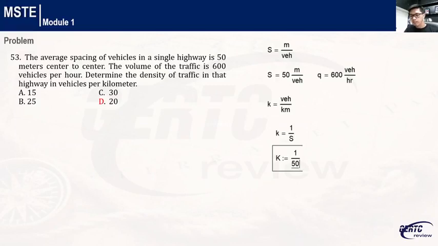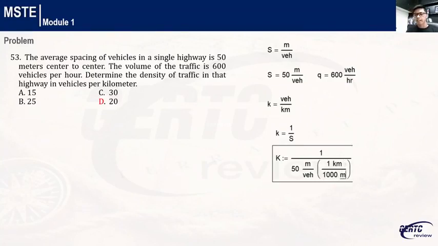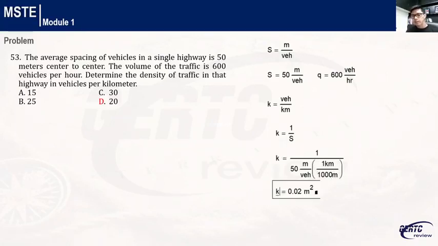So 50 meters per vehicle, convert lang natin, we have here 1 kilometer per 1,000 meters. Ayan. So that will be the equivalent density. Okay? Vehicles per kilometer. So K is equivalent to vehicles per kilometer. Okay? So this is the answer.